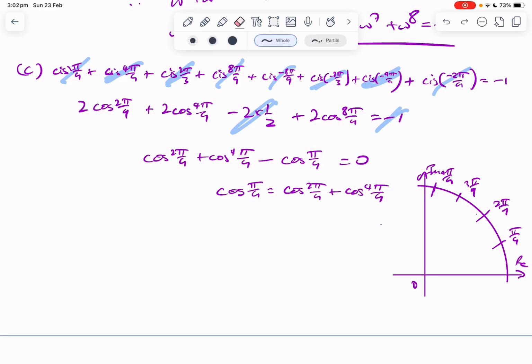But what are we interested in? We're interested in this number here, the cos of pi on 9 in this place, is the sum of two other places. It's the sum of the cos of 4 pi on 9 and the cos of 2 pi on 9 here.